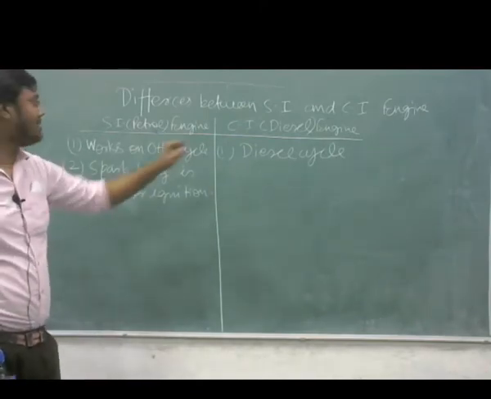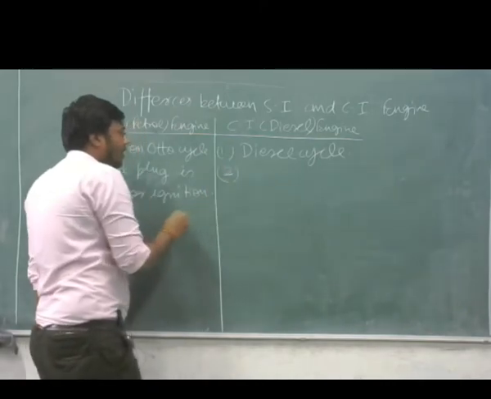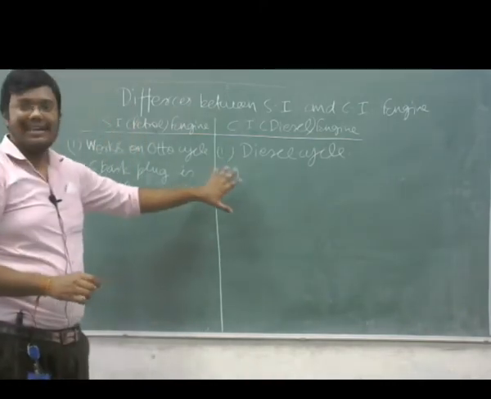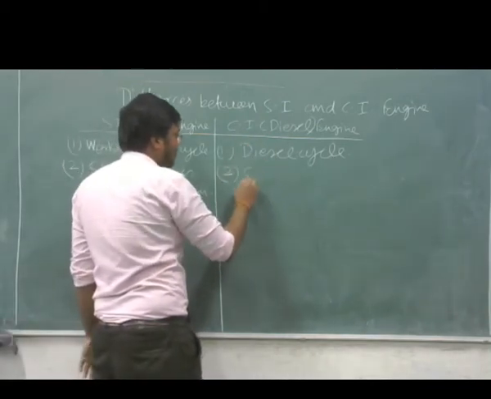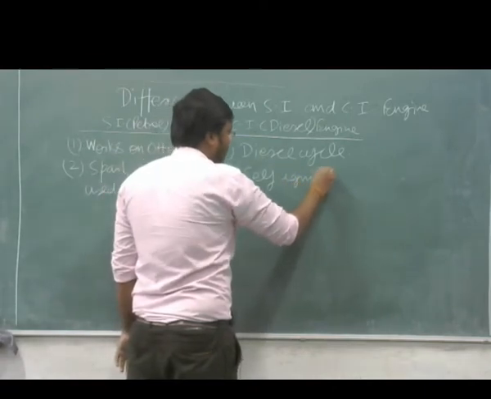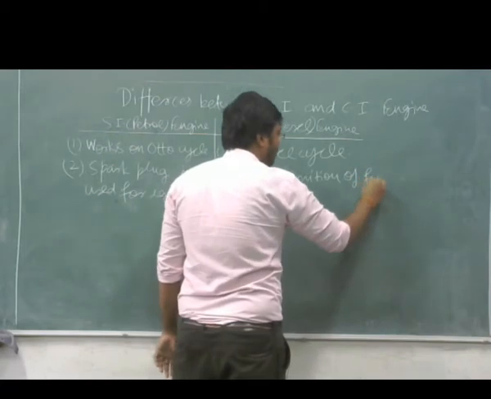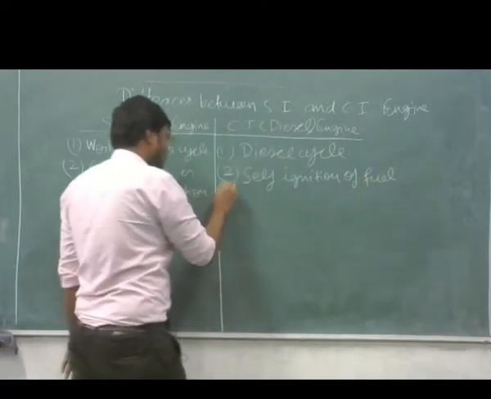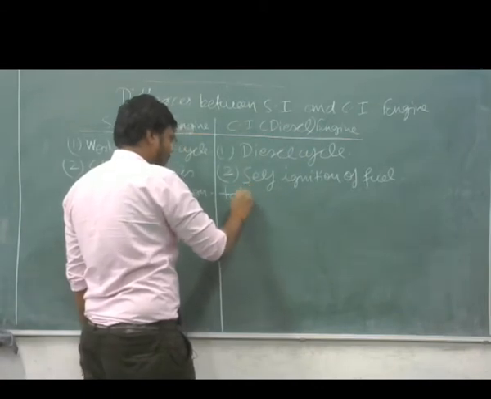But in CI engine or diesel engine, if you remember, self ignition of the fuel takes place. In this system, self ignition of fuel takes place, and we need not use a spark plug here.